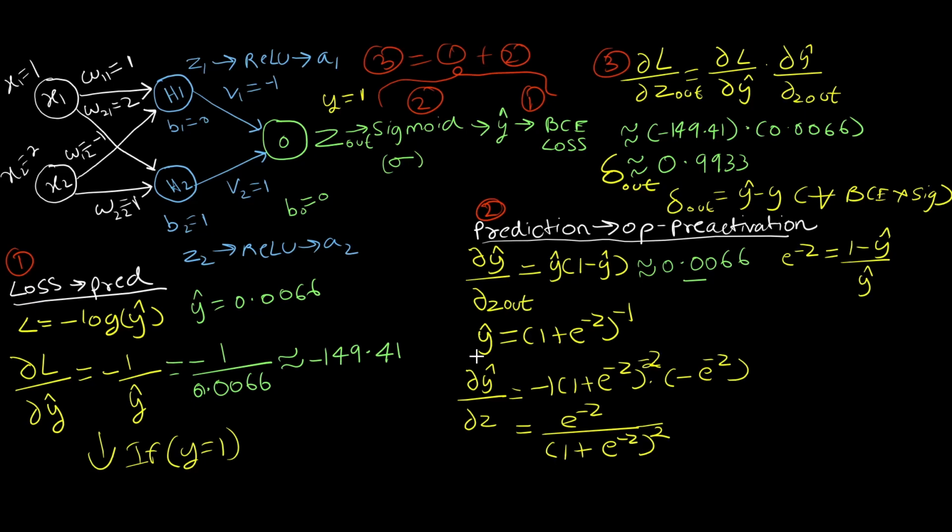So here the y cap, which is the predicted value, is just a sigmoid function as we saw here. So it will be 1 by 1 plus e power minus z. So minus 1 is for the denominator part if this is present. So now we're gonna find the partial derivative of this with respect to z. So this is a function inside a function.